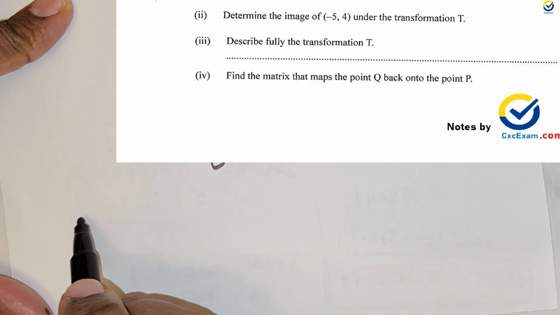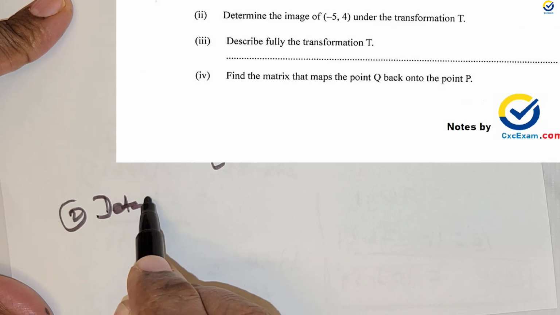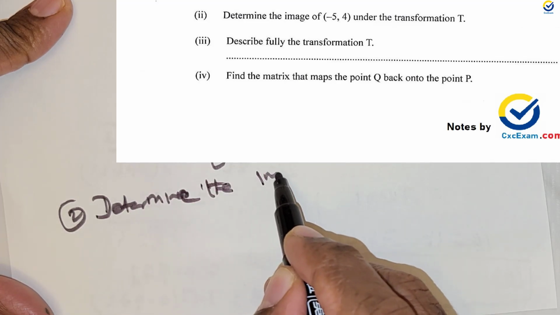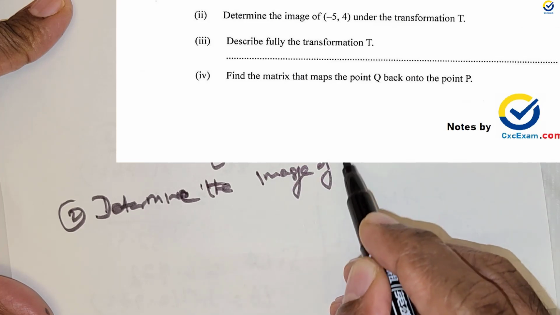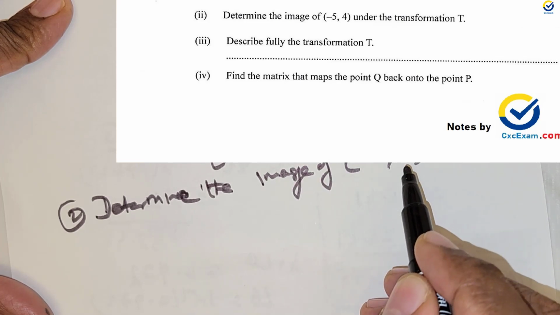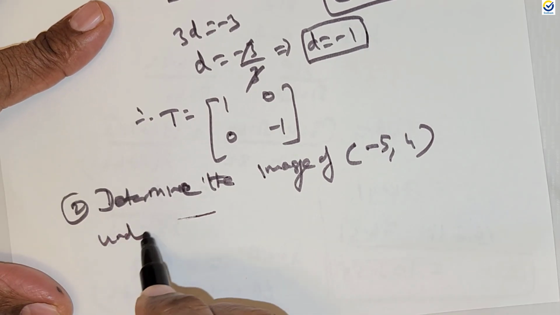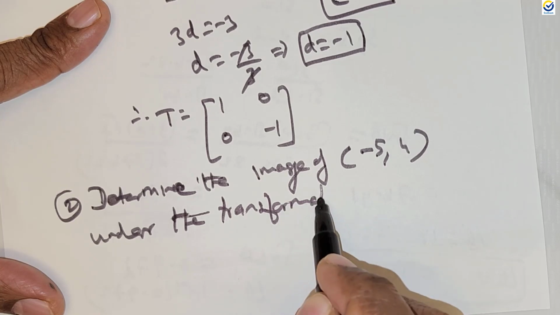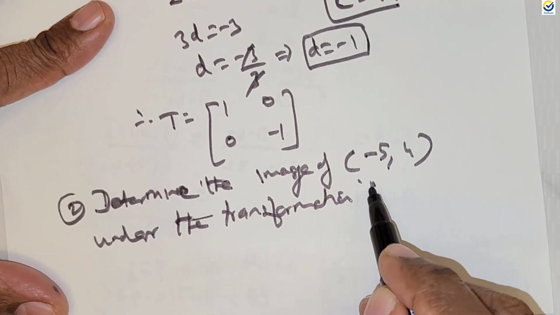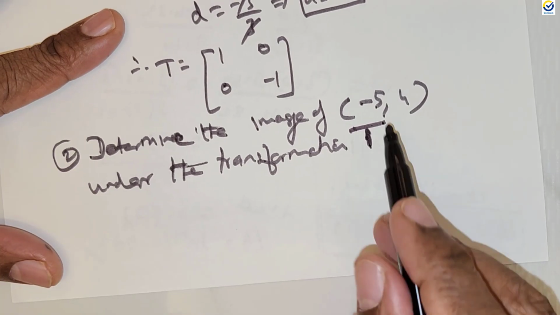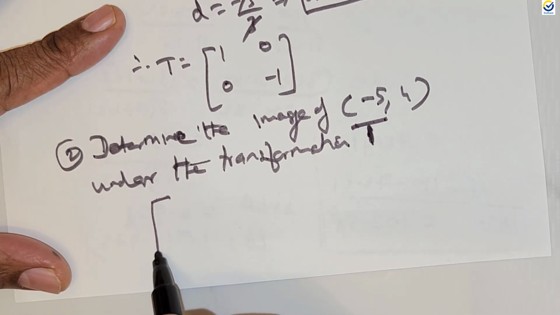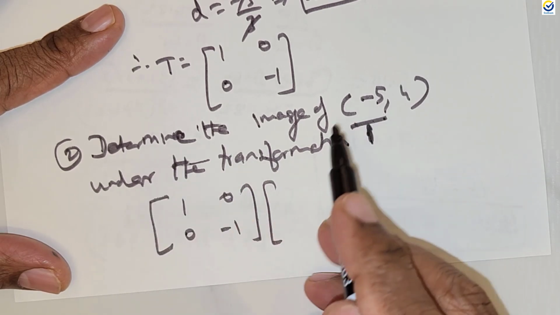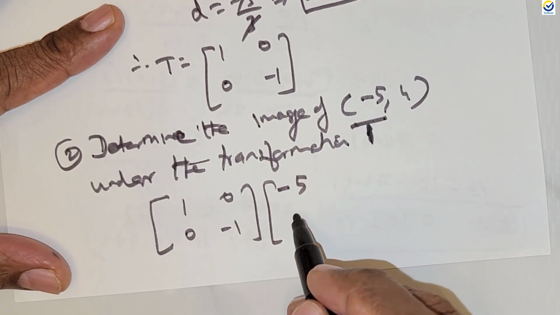Now they are asking us the second question. Determine the image of (-5, 4) under the transformation T. So this is the transformation [1 0; 0 -1], and this is the point (-5, 4).